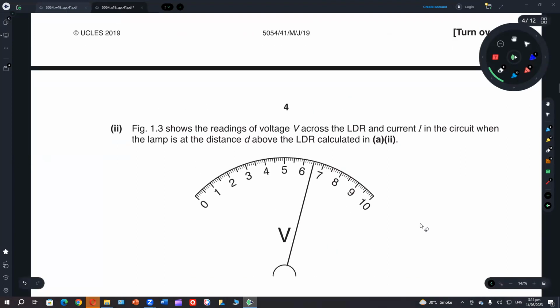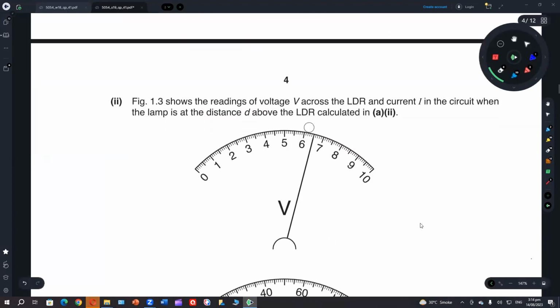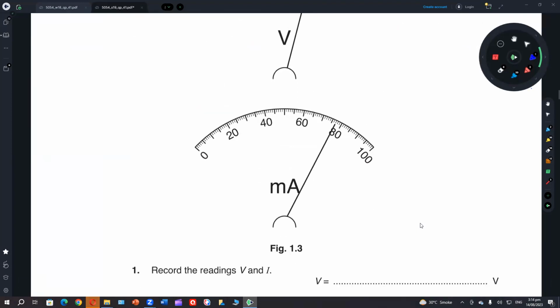And the current is 84.41. It is 60, in between, then 70 and then 80. 84.41. Acha, it is 70 here.